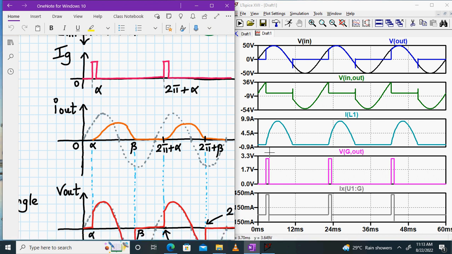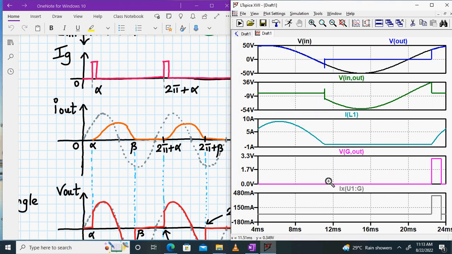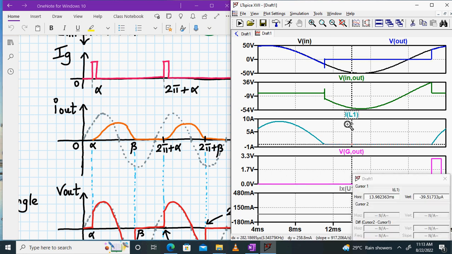So let me go to the current waveform over here and let me maximize this part. Let's say I'll note down this time. If I bring my cursor over here and put the cursor over here like this, this is the time, around 11.05 milliseconds.